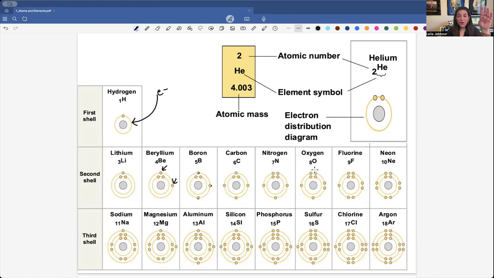Nitrogen has 5. Oxygen has 6. Fluorine has 7. Neon has 8. So all of these gases in the last column have a full valence shell, so they're very, very stable. The atoms before that require the gaining or losing of an electron from somewhere.